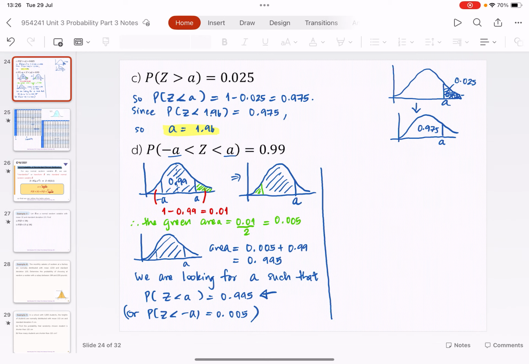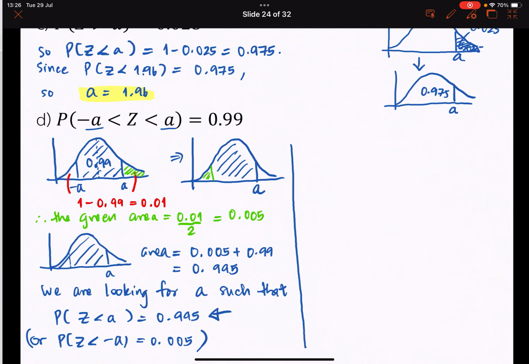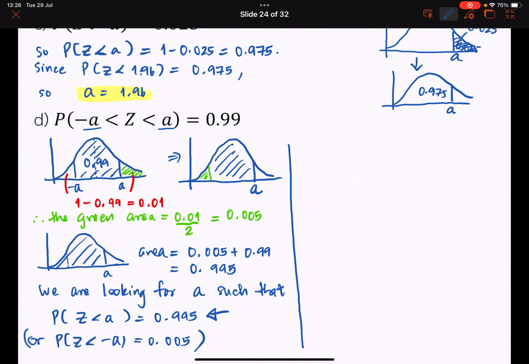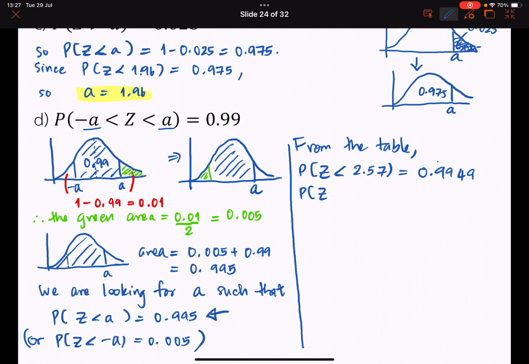Since from the table, we have that P of Z less than 2.57 equals 0.9949, and we also have P of Z less than 2.58 equals 0.9951.